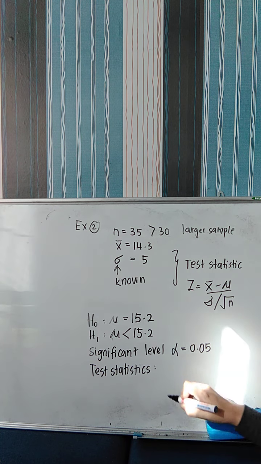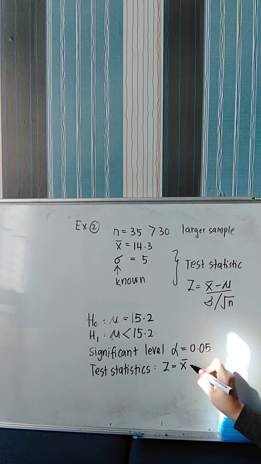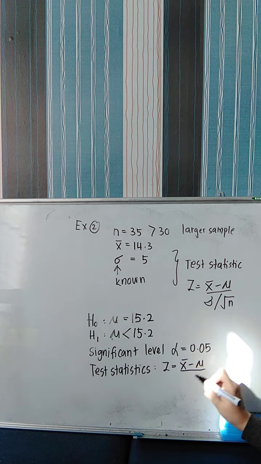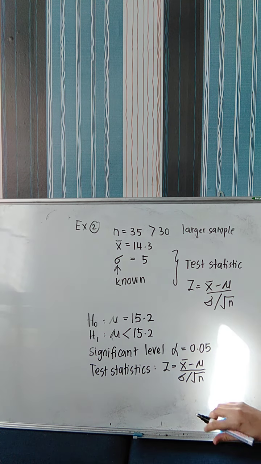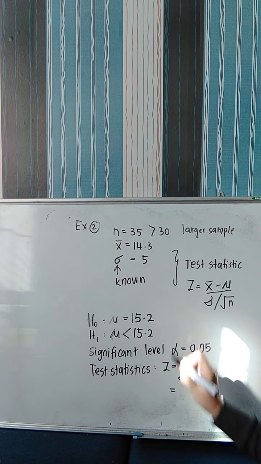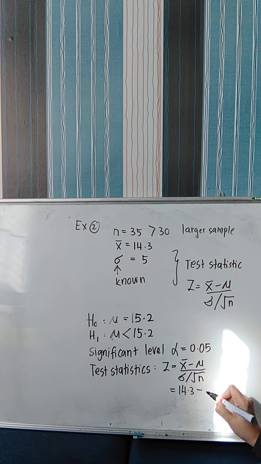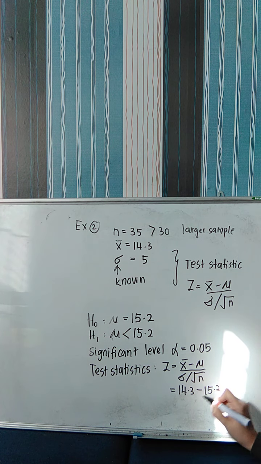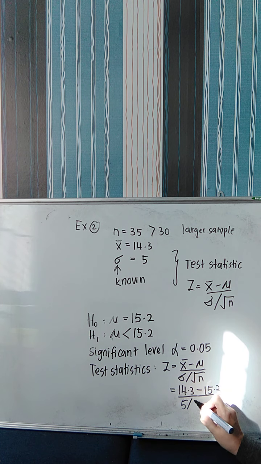Okay, the test statistic is Z equal to x bar minus mu over sigma divided by square root n. Substitute the values: your x bar is 14.3 minus 15.2, and then you divide by sigma, which is 5, over square root n, which is 35.